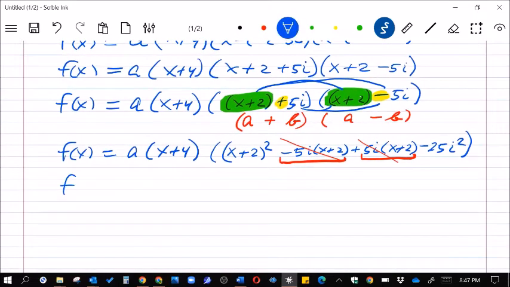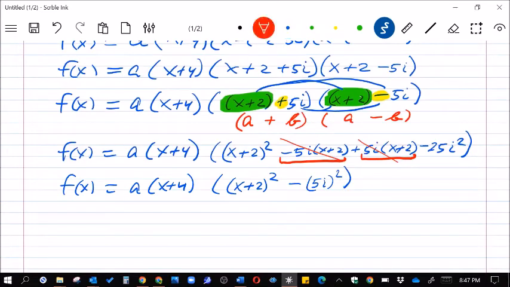So to show it cleanly, I have x plus 2 squared minus, now I could do 5i squared still, and I'll do that just to show it. What I have here is a squared minus b squared.